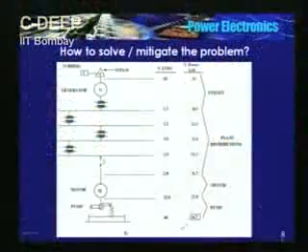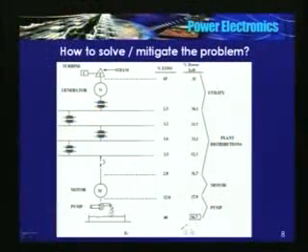Every kilowatt of power that is saved here, every kilowatt that is saved here, results in saving of 6 kilowatts of fuel energy here. 1 kilowatt here is equivalent to 6 kilowatt here.